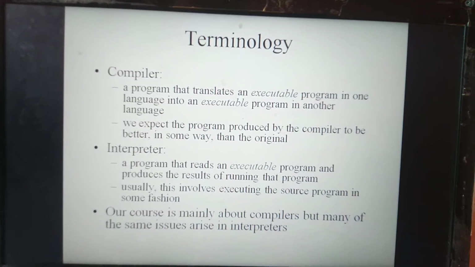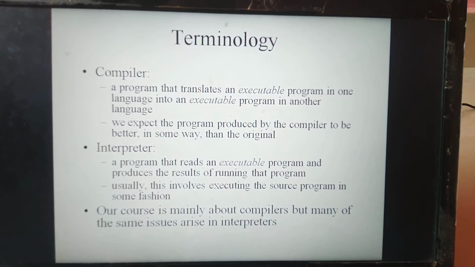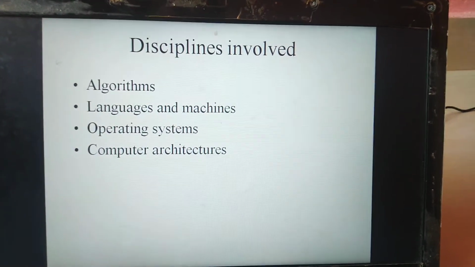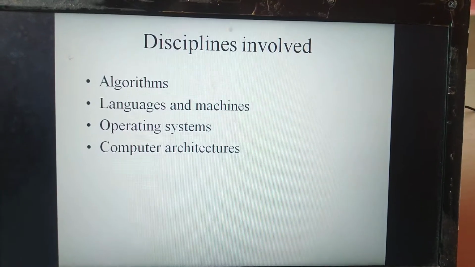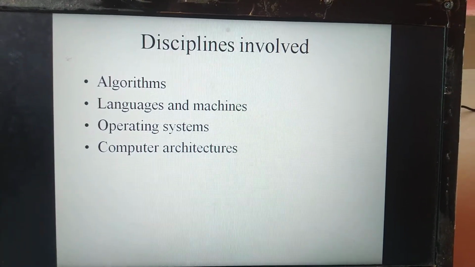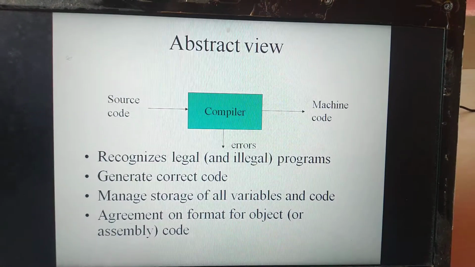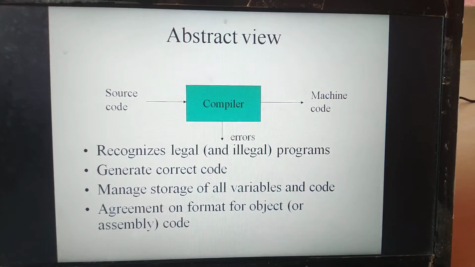So in a compiler, the translation from one program to another is nothing but from the source program to the target program, that is, front end into back end. Before we see that, the disciplines involved are algorithms, languages and machines, operating systems, and computer architectures. According to the abstract view, we go from the source code into machine code.